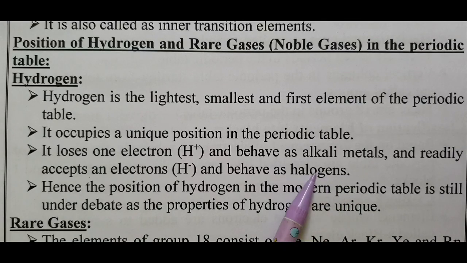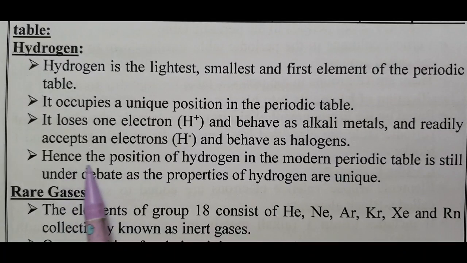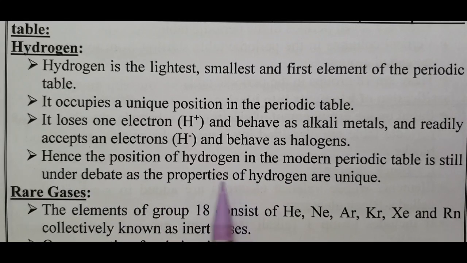Fluorine, chlorine, bromine, iodine all gain one electron and become negatively charged ions. Hence, the position of hydrogen in the modern periodic table is still under debate, as the properties of hydrogen are unique. But in the modern periodic table, hydrogen is placed above lithium in the alkali metals in the first group.